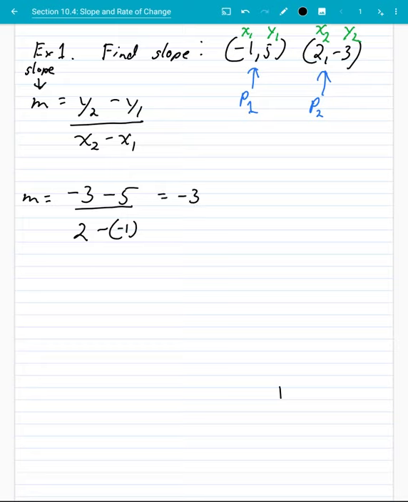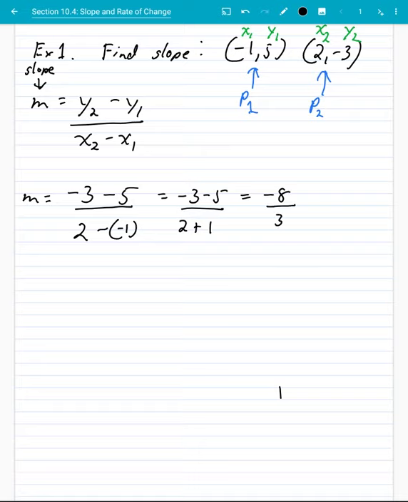Because what happens on the bottom, remember this part? The negative times the negative makes a positive. So that becomes 2 plus 1. Then finally, -3 minus 5. Simplify the top and the bottom of the fraction first. -3 minus 5 makes -8, and then that's divided by 2 plus 1.